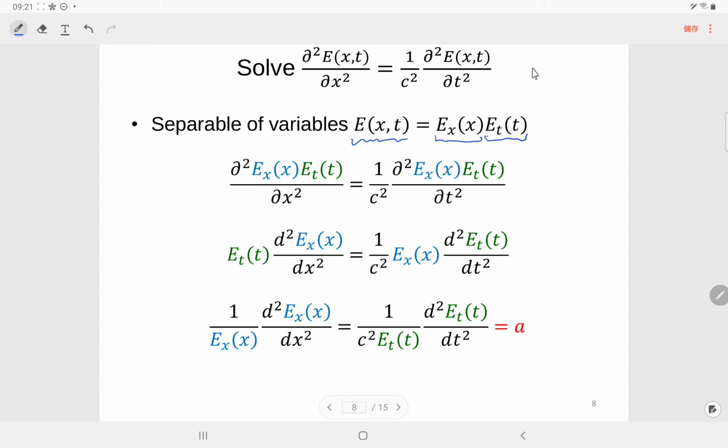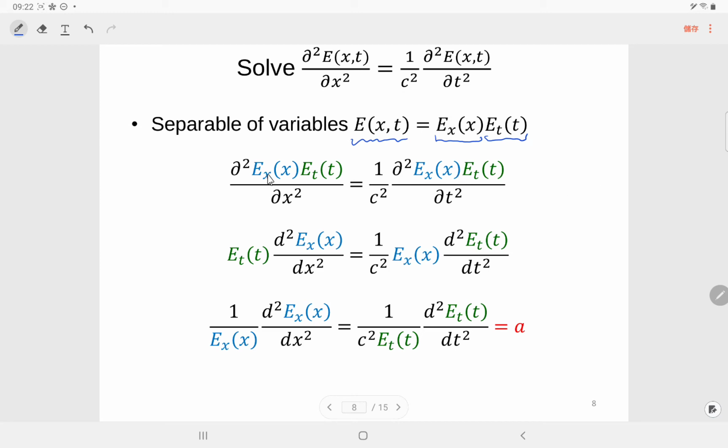In this case, we can substitute this into the original equation. So we have the function of x, and the function of time, and then here we also have this one.